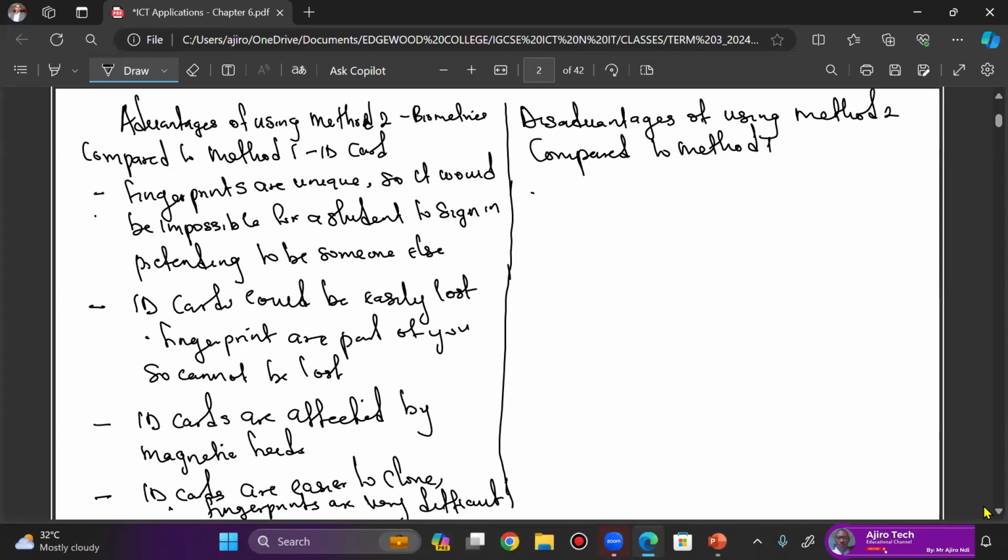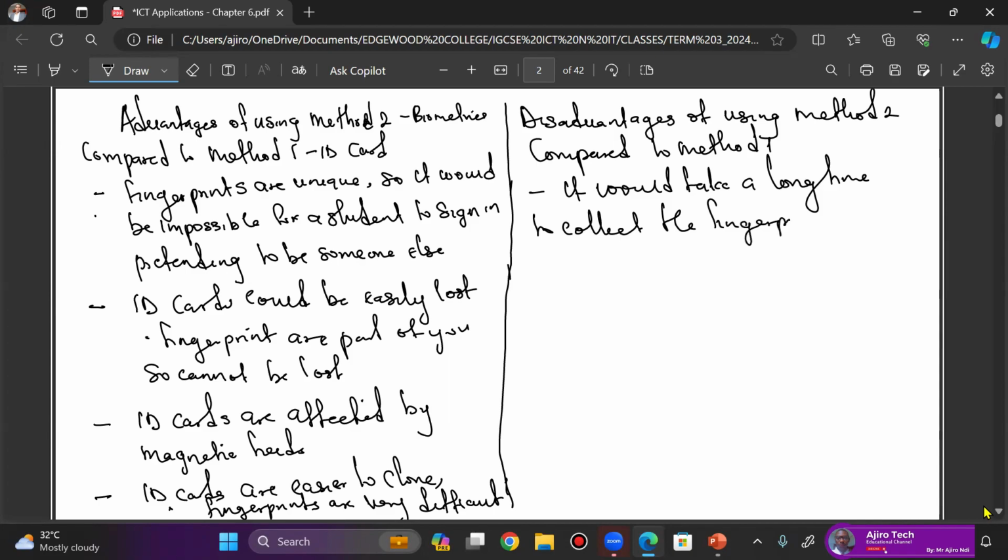For disadvantages here, you can see that it would take a long time to collect the fingerprint for every student in the school. Another one is the equipment that is needed.